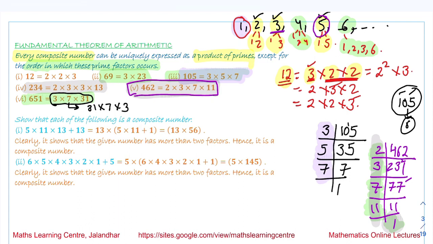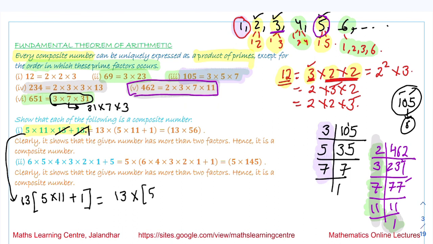The number that is given to us is 5 into 11 into 13 plus 13. Now if we look at this number and take 13 common from both terms, we are left with 5 into 11, since 13 has been taken common. From the next term, when we take 13 common, we are left with plus 1, because it is 13 into 1. So it is 13 into (55 plus 1), which is equal to 13 into 56.